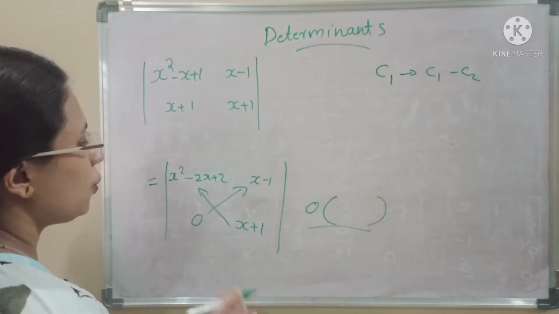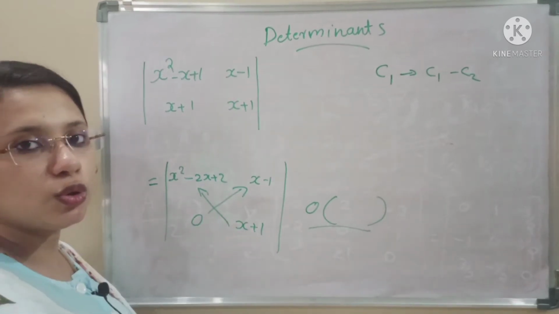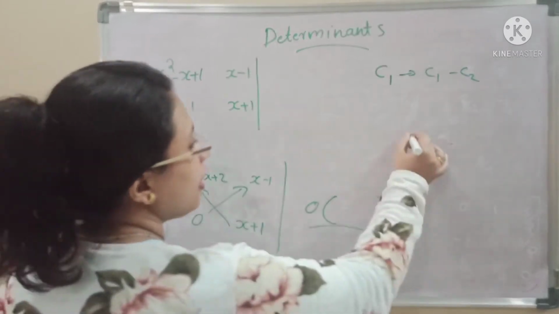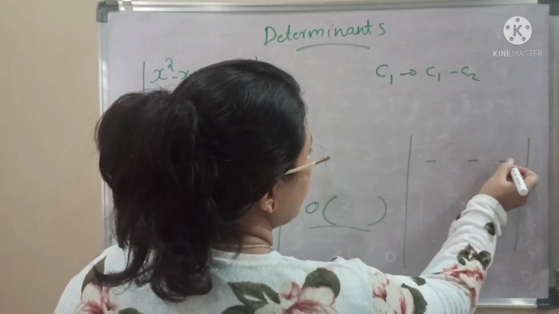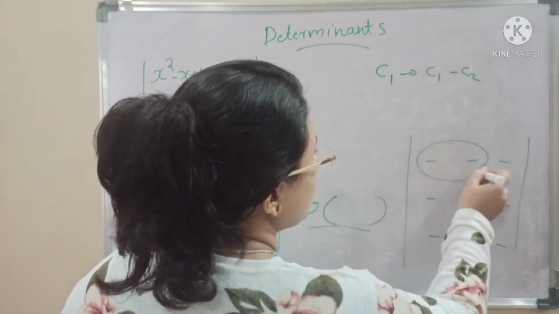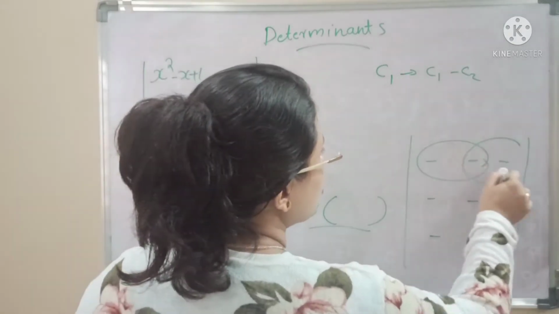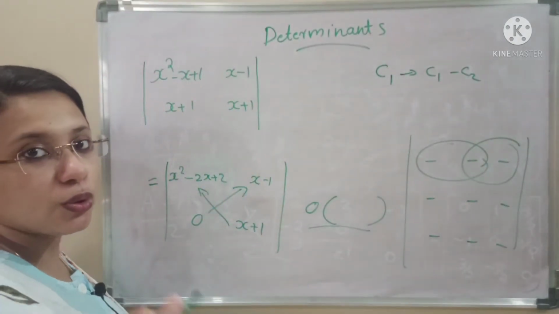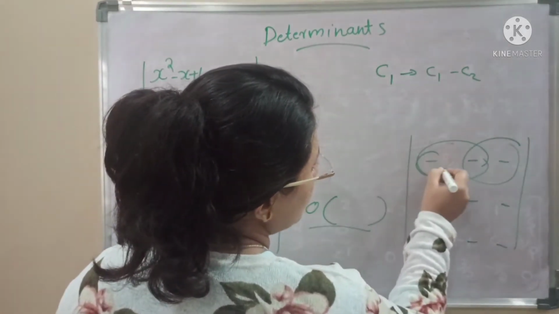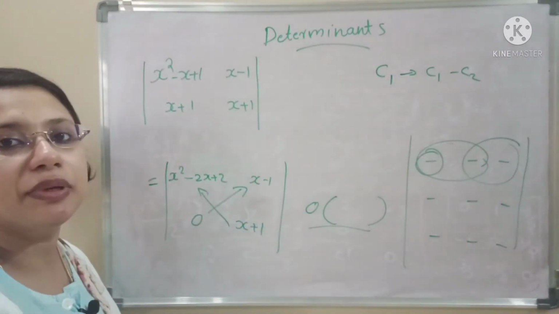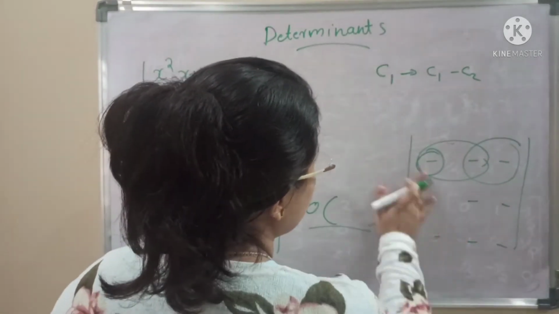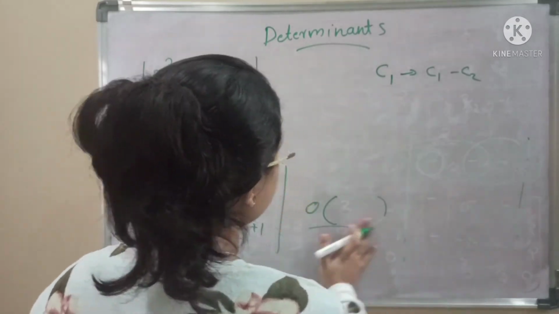So you have to do this determinant operation in such a way that if we have a 3-dimension determinant, then try to make these two elements 0. It will be easy for you to solve the determinant, as you just need to consider only one element.